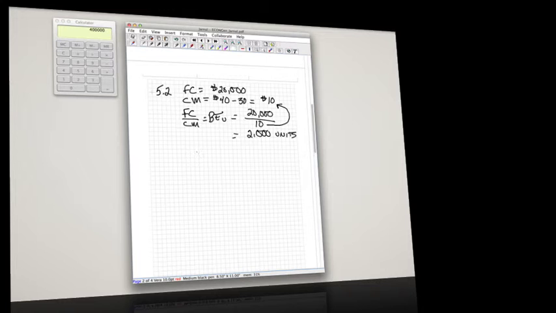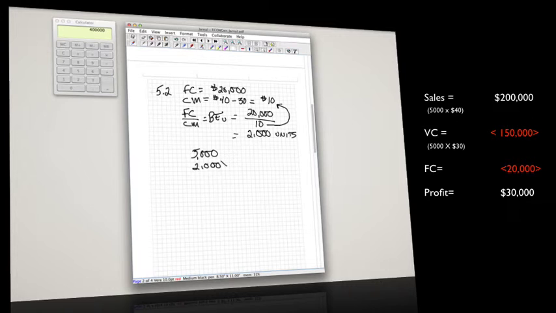Again, if we sell 5,000 units, we have to recognize that the first 2,000 contribute nothing to profit because we have to sell those simply to break even. However, every unit we sell after breaking even is going to contribute $10 of margin, that's our contribution margin, directly to profit. So in that case, we're going to end up delivering $30,000 of profit from the 5,000 units that are sold.